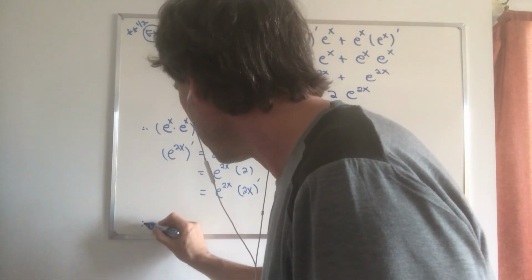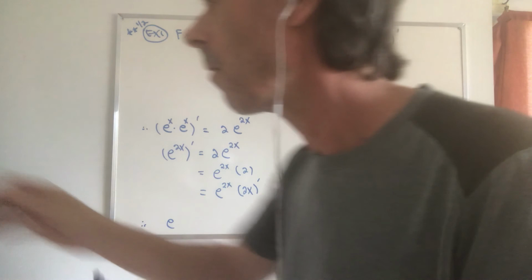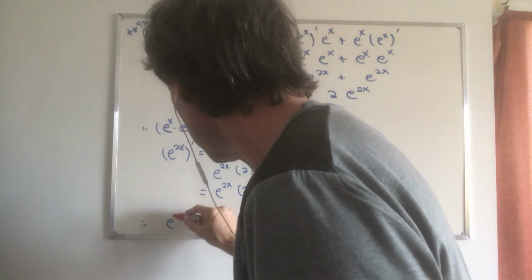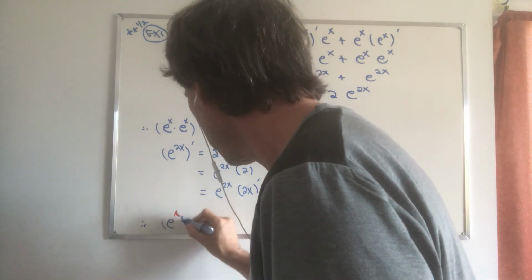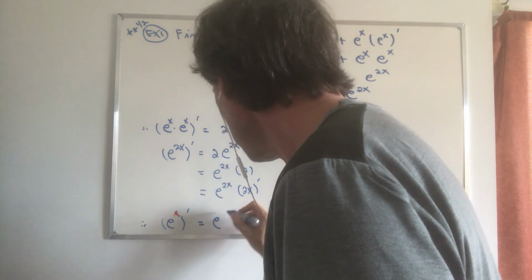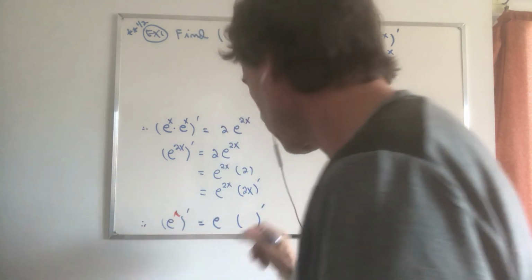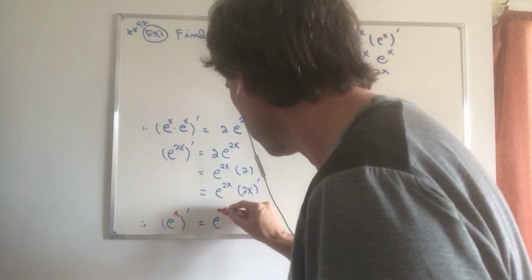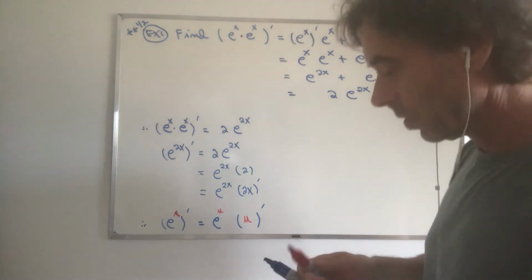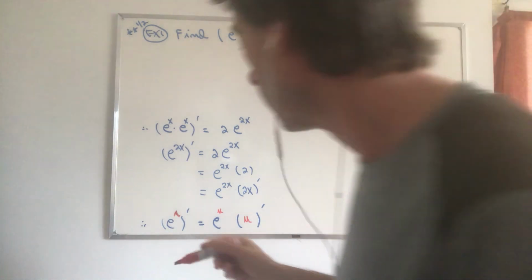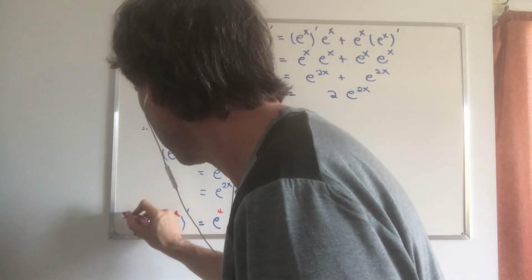Conclusion, e to the power of anything at all, let's call it u, is going to be e to the u times u prime. So this is our first key formula.